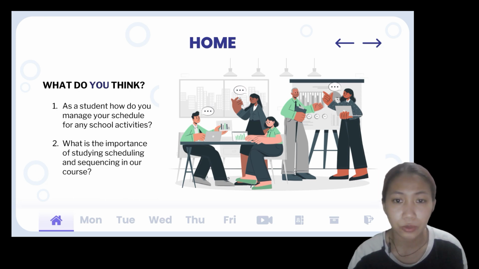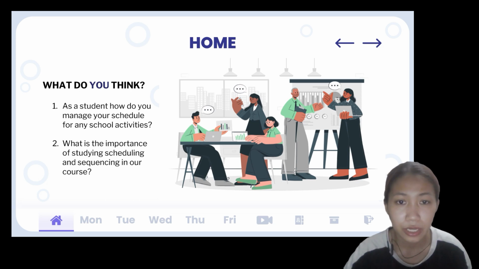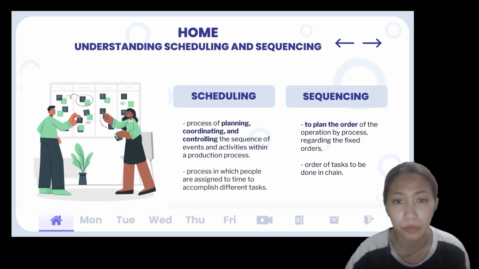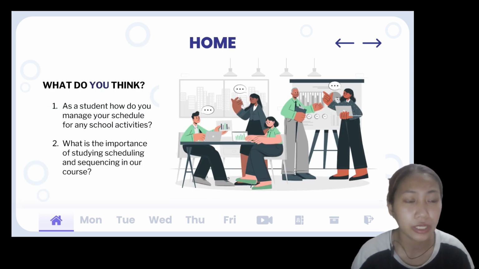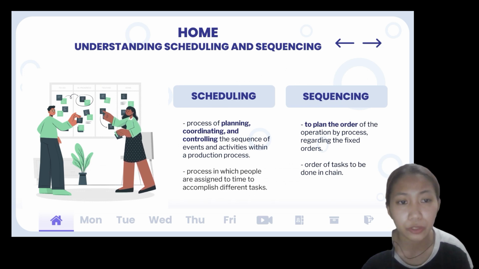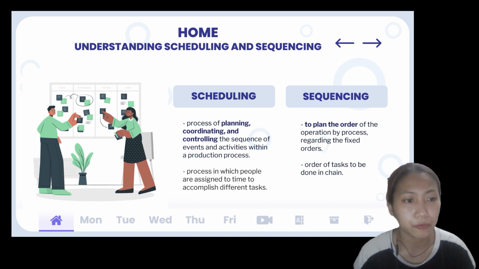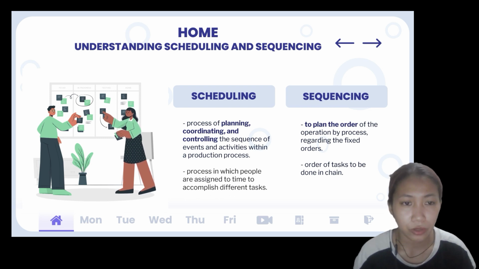Since we already talked about scheduling and sequencing, let's also talk about what scheduling and sequencing are. Scheduling is planning your activities so that you can achieve certain goals or priorities in the time that you have. If you are able to schedule tasks effectively, you can easily finish the tasks that you have.